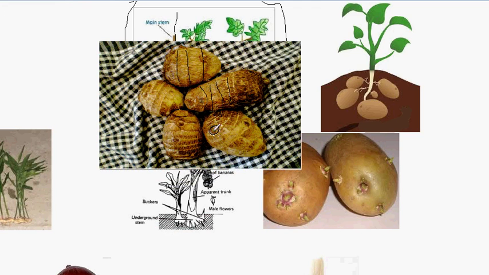The scars develop because at some point of time a leaf was there which has fallen down, and due to the breaking of this leaf, a scar mark is there on this vegetable. Maybe it is a vegetable. Okay, so that was colocasia.